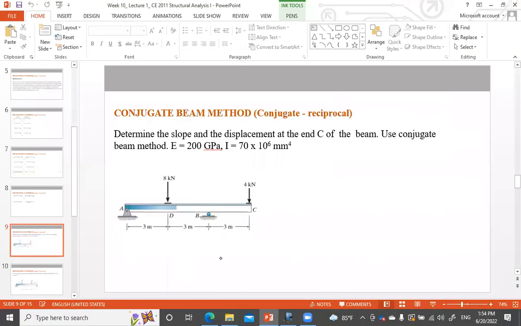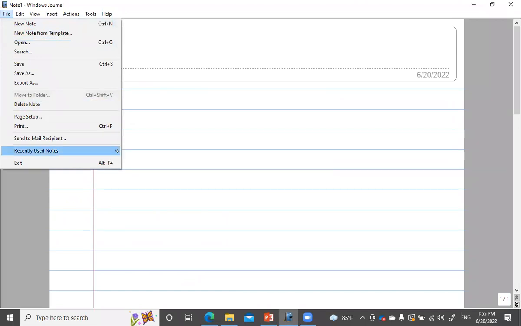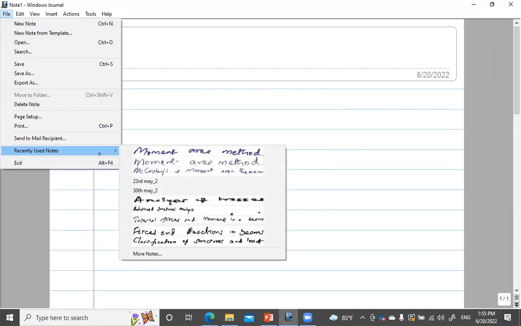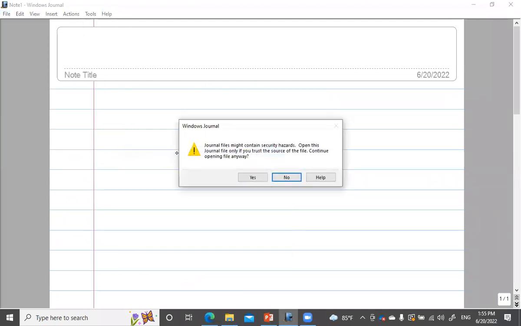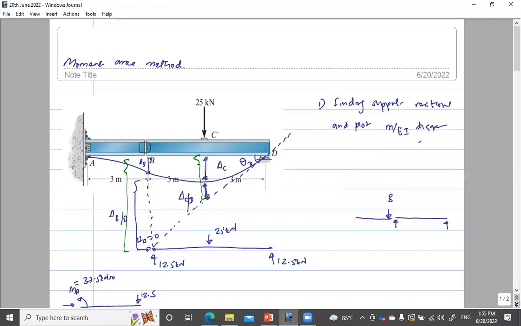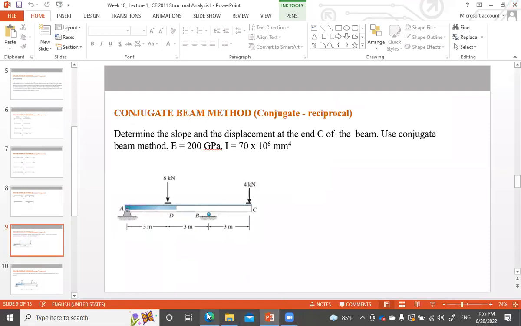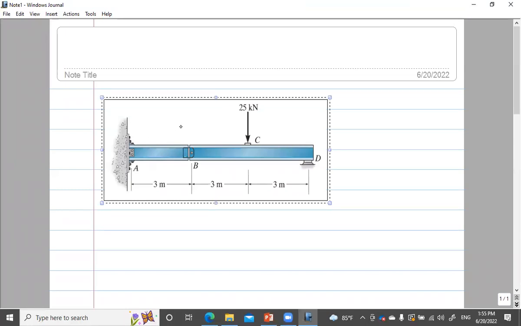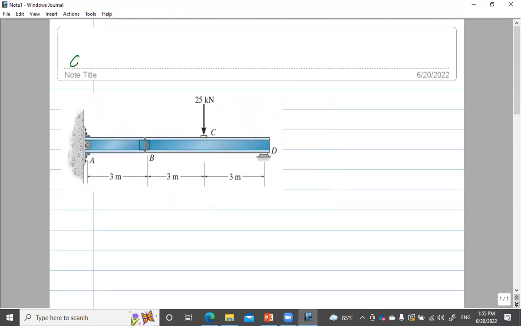In the morning, we did this example, conjugate beam problems.